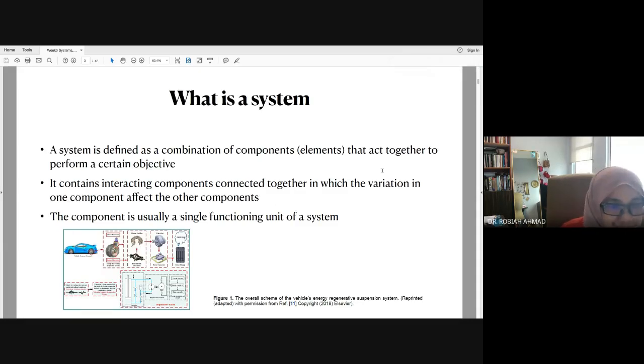A system is defined as a combination of components or elements that act together to perform a certain objective. It contains interacting components that are connected together, in which the variation in one component affects the other components.